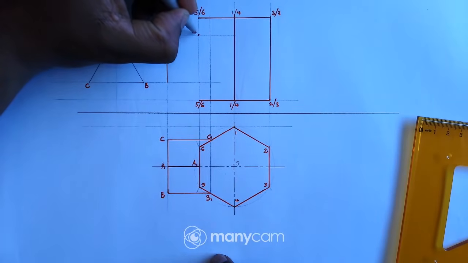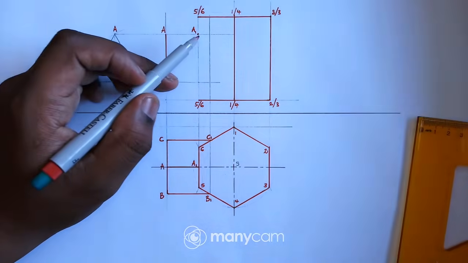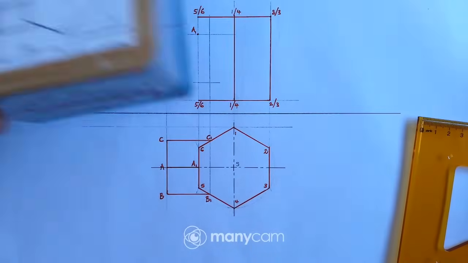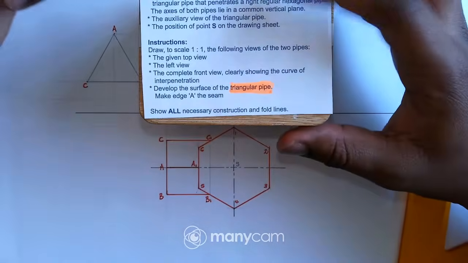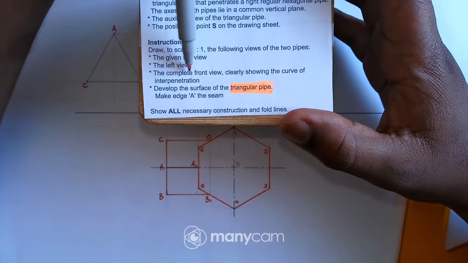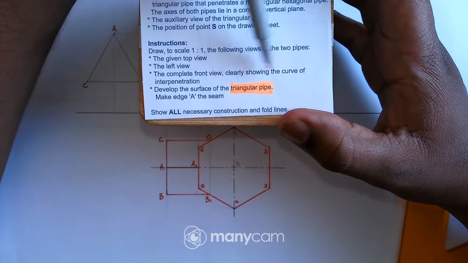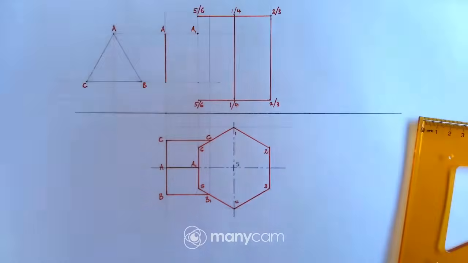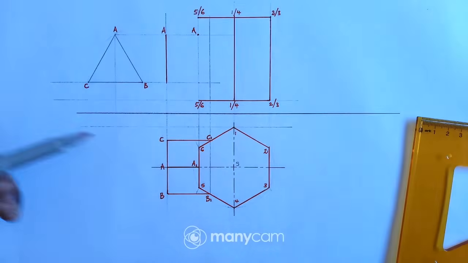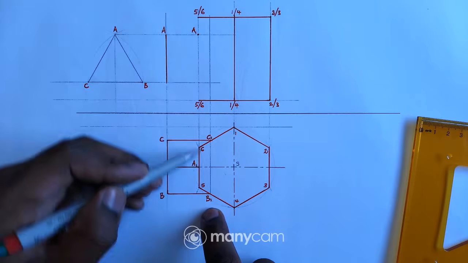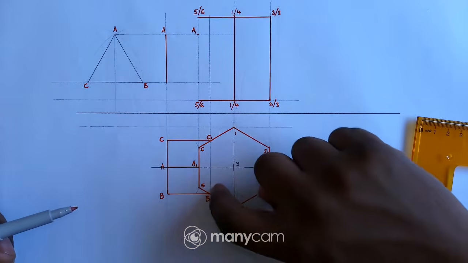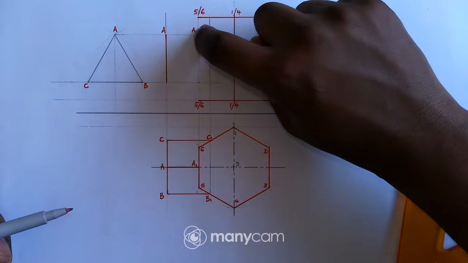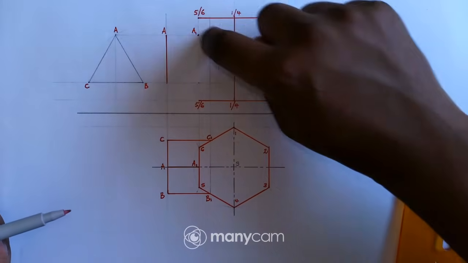So now I'm trying to come up with the curve of interpenetration on our front view. Remember, we have to complete the front view by showing the curve of interpenetration. So I'll draw the curve of interpenetration using these points right here from our top view, because I have to project these points up so that I can come up with the curve of penetration somewhere there.